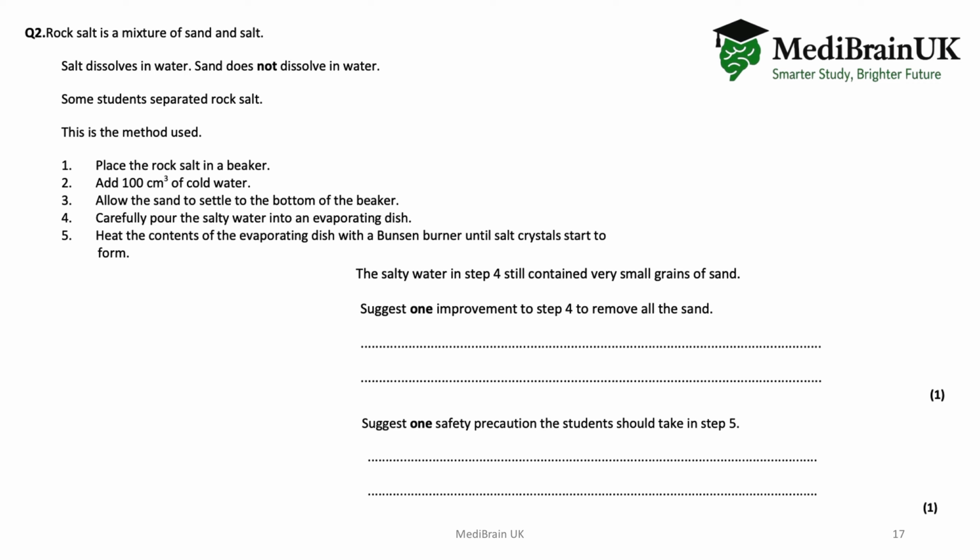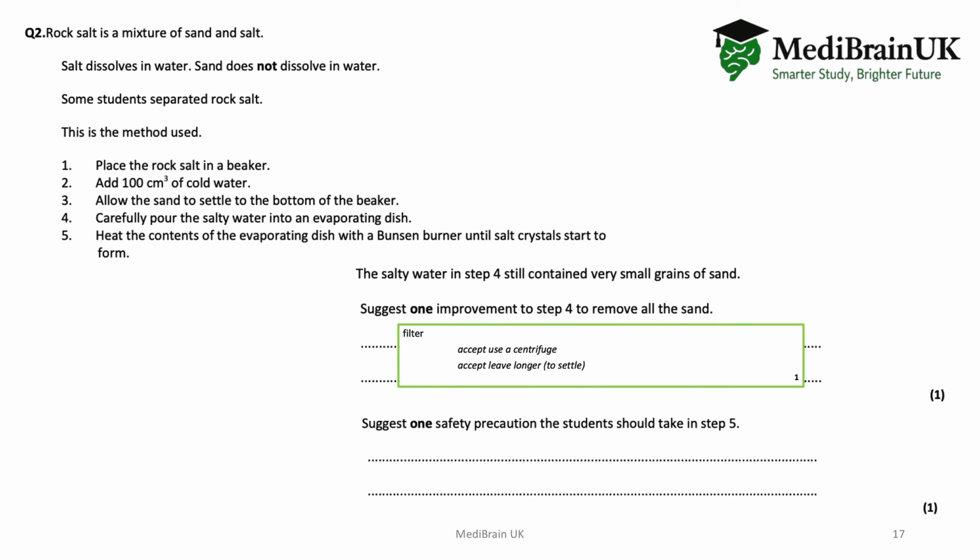Now, to make sure that the sand has properly been removed, we can filter out the sand. We can use our filter funnel, filter paper, and we can filter that solution into another beaker. And that will ensure that none of the solid grains of sand can pass through into the other beaker. So that's one improvement that we could do. We could filter using a filter funnel and filter paper to ensure that the sand is left behind and doesn't follow with the solution into the new beaker.